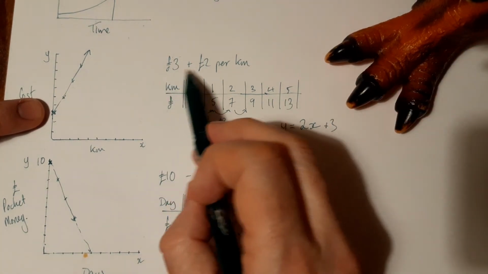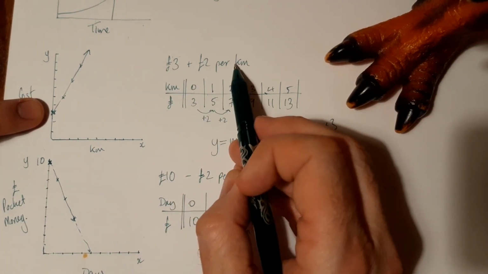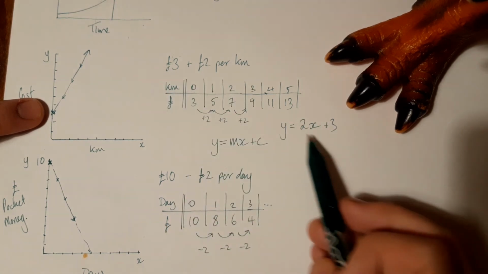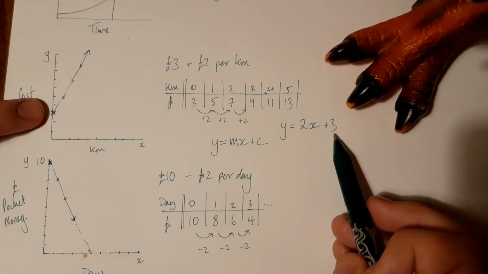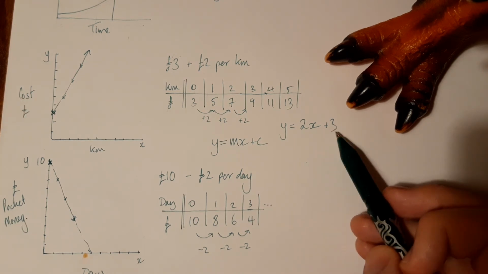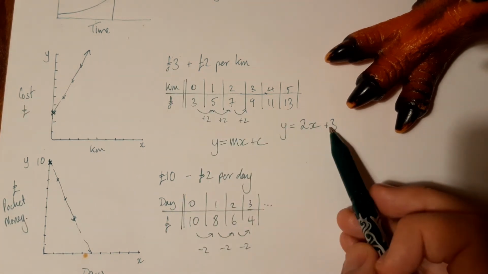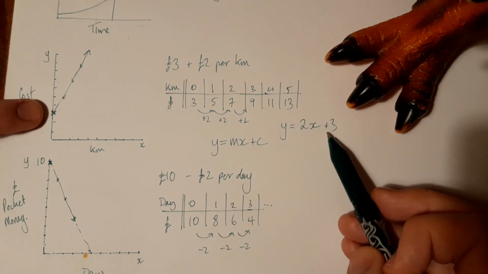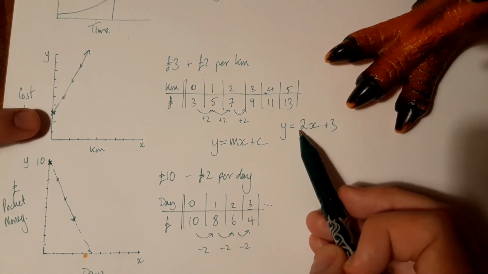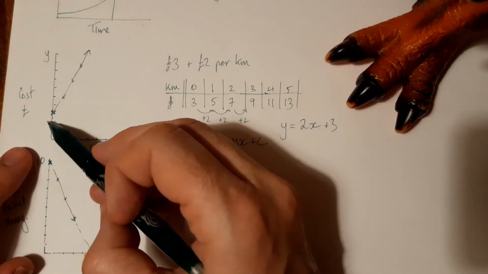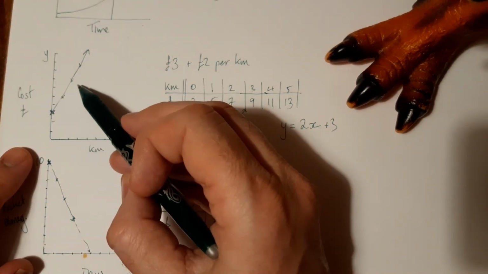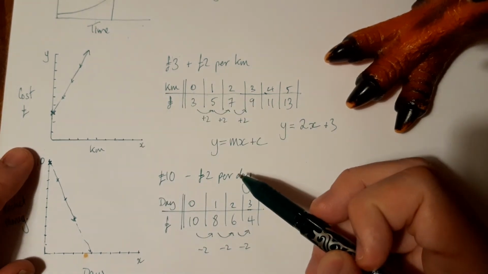Now I've written that back to front, 2 lots of the kilometres, 2 X's, plus 3. That's no real big deal. That's how they like to write them quite often. It's a nice format. And what it tells me is, hey, check it out. That 3 on its own is a starting point. And this 2 represents this rate of change. It's going up 2 across 1, up 2 across 1, up 2 across 1.